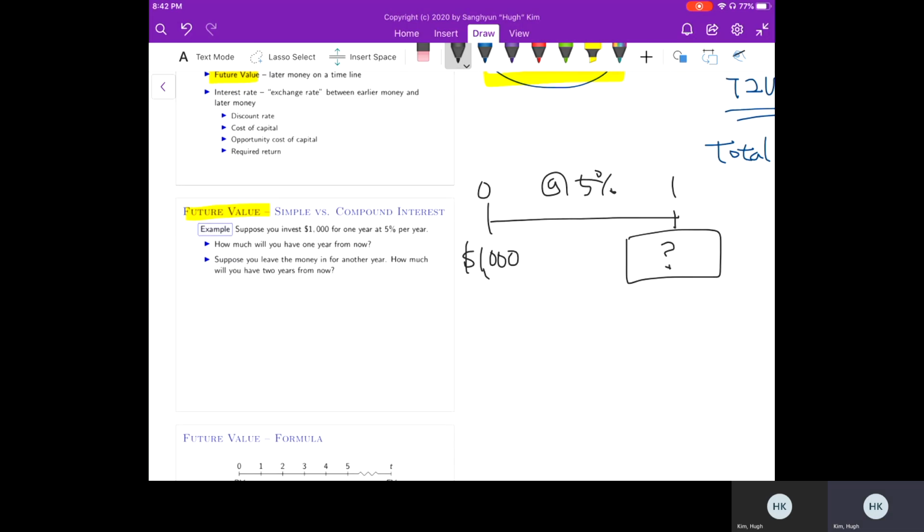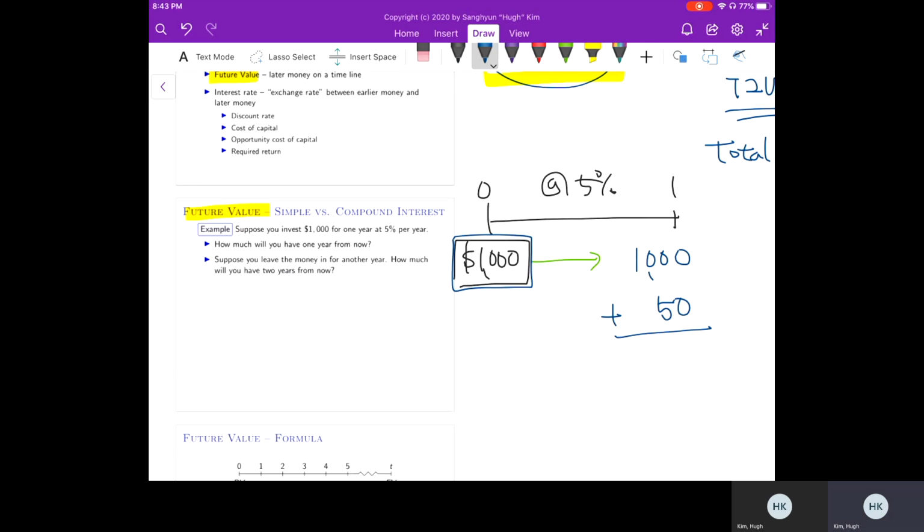So if you invest $1,000, 1 year later, you're still going to have this $1,000 plus you're going to earn interest on this $1,000. So 5% on $1,000 is $50. So in total, you have $1,050 a year later.